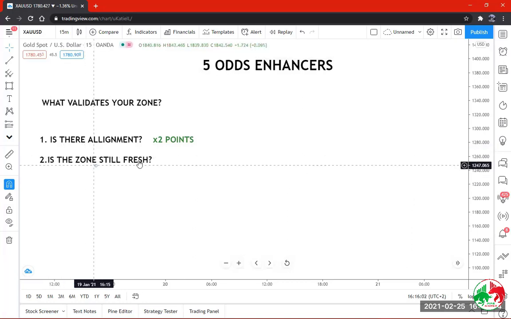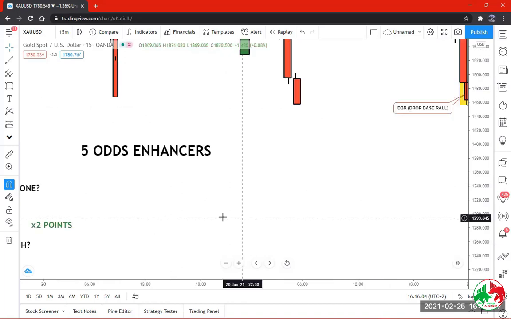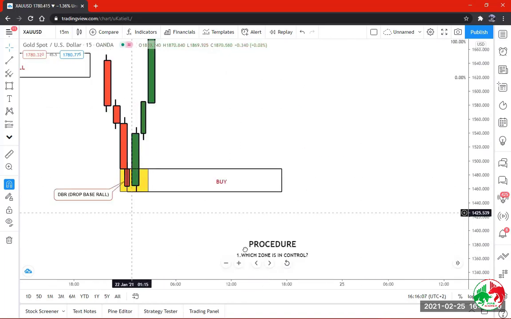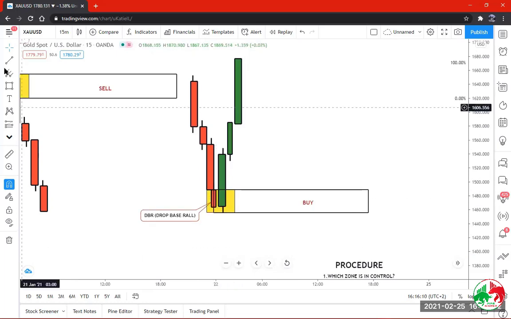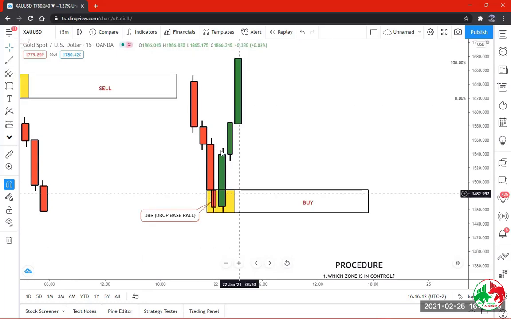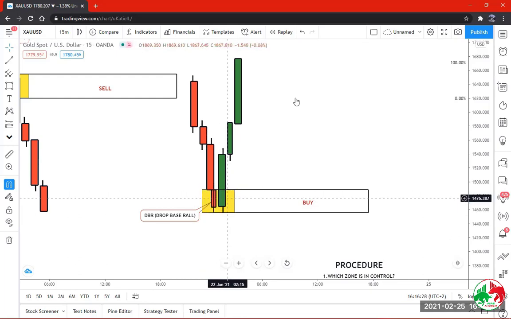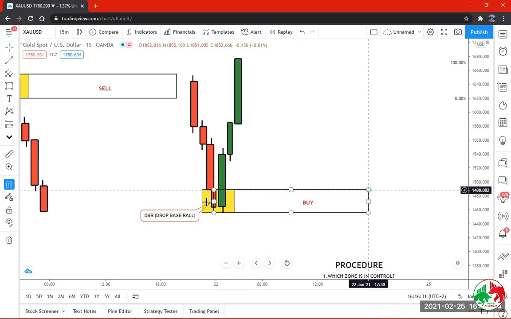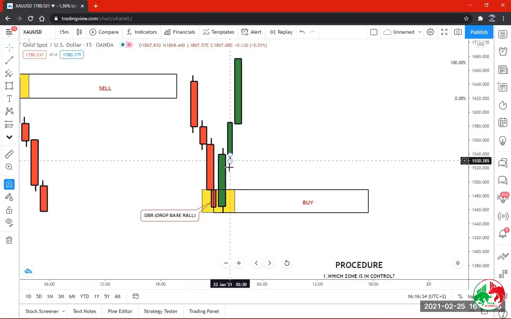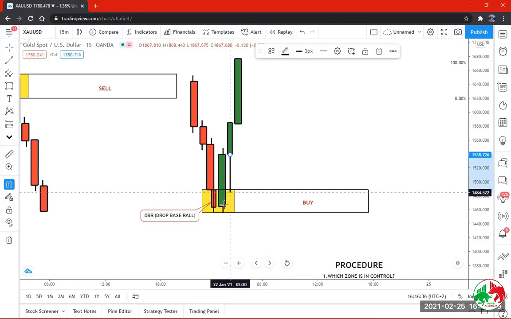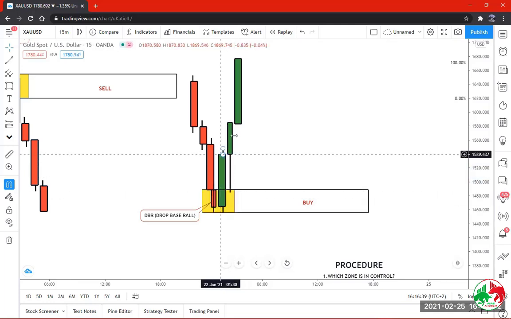What this means is, if this is my buy zone here, what I'm looking for is a clean breakout of this zone, or a clean move away from this zone. When I say is the zone still fresh, I want to see this zone not tested before coming back to it. I don't want the zone to be something like this. If I have a long shadow like this, it means the zone is not fresh.